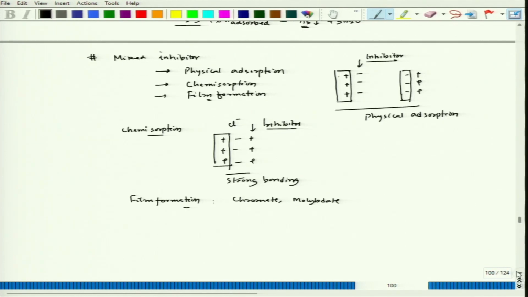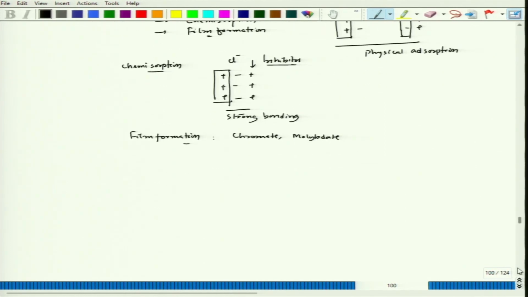Now, we can also talk about organic inhibitors. Application wise, they generally find use in the oil industry, so oil and gas corrosion can be reduced to a great extent.